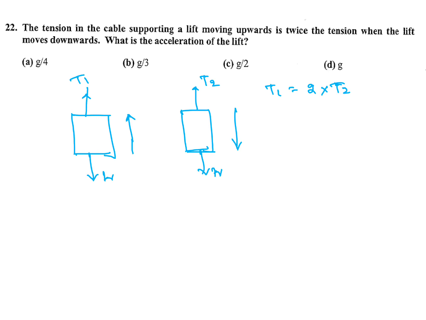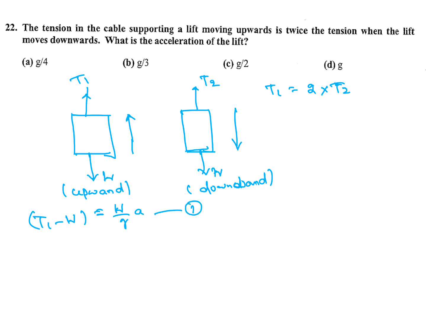We write equation. Here it's moving upward, it's downward. So for upward movement, T1 minus W is F equal to ma, that is W by g into a. This is equation 1.